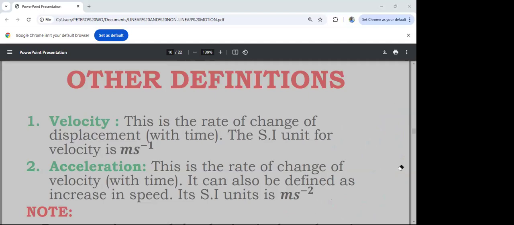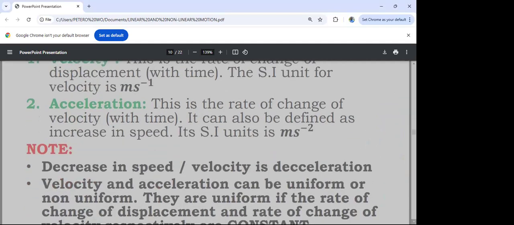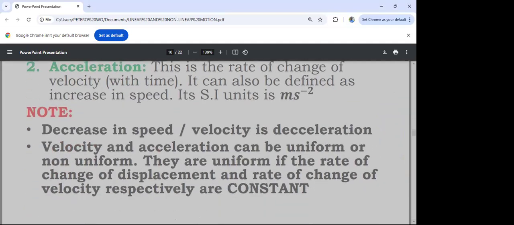Now, after knowing this, there are some notes that you have to put down. The first note reads that decrease in speed or velocity is deceleration.